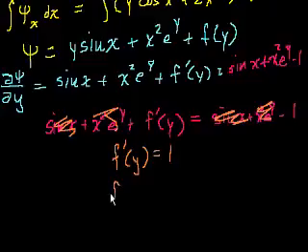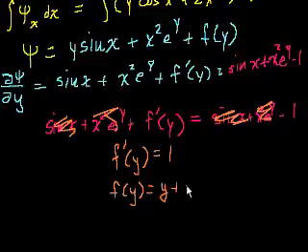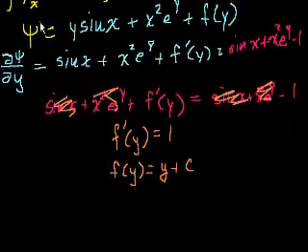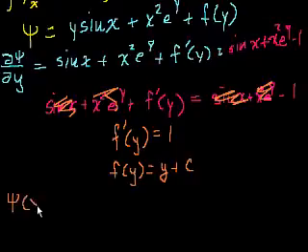And then f of y is equal to y plus some constant c, right? So what is our xi now? We wrote our xi up here, and we had this f of y here, so we can rewrite it now. So xi is a function of x and y. We've pretty much almost done solving it.